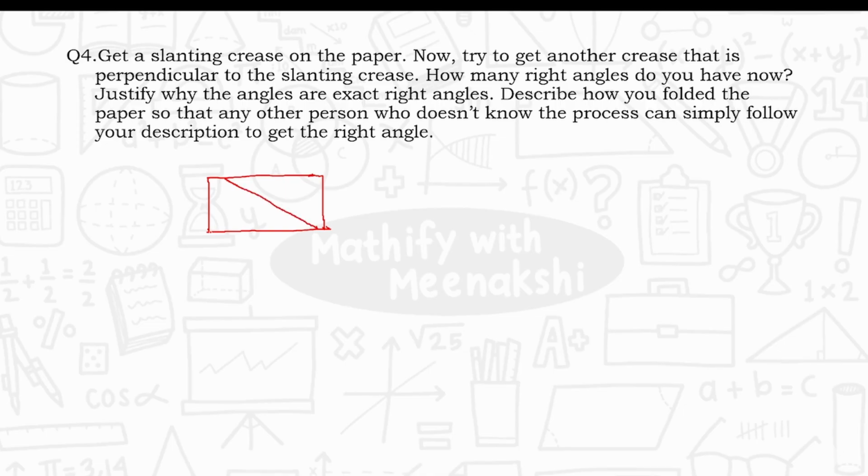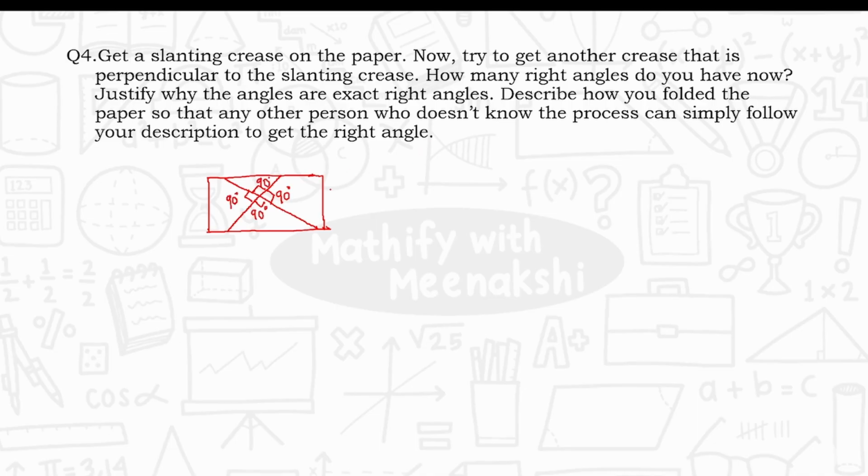Now fold the paper again such that the new crease is perpendicular to this slanting crease. So I will draw that for you. Suppose it's like this. Now, when you unfold the paper, you will see that these two creases intersect at right angles. So, how many right angles do we have? We have 4 right angles.